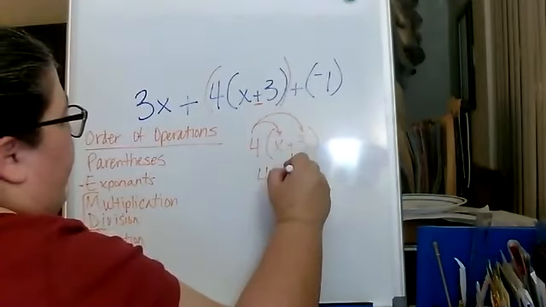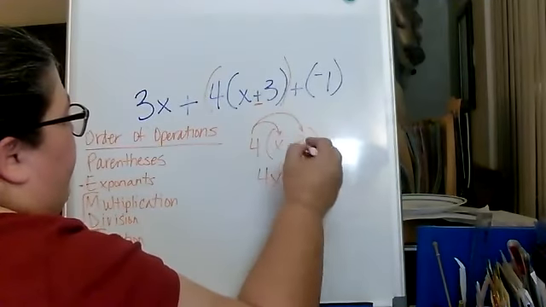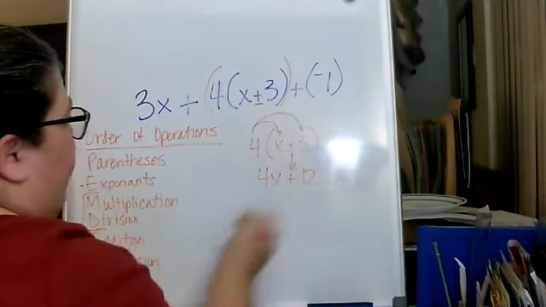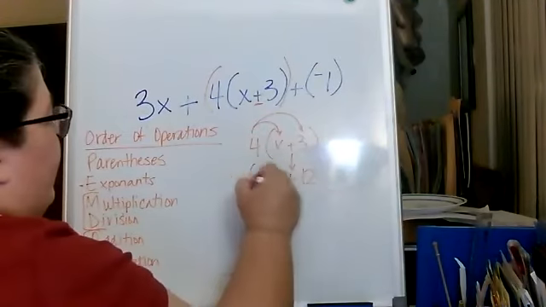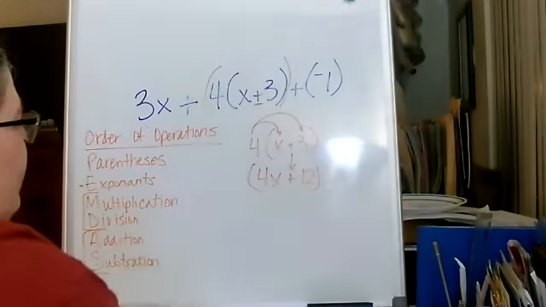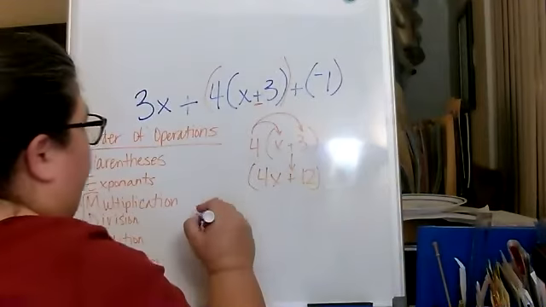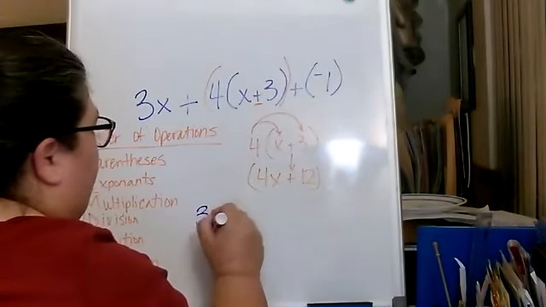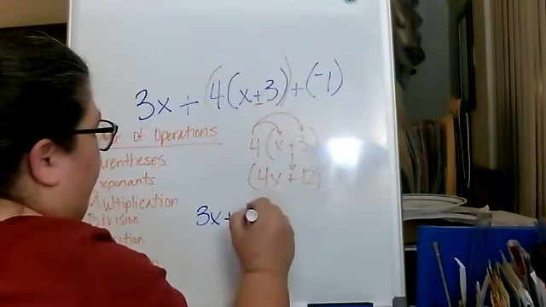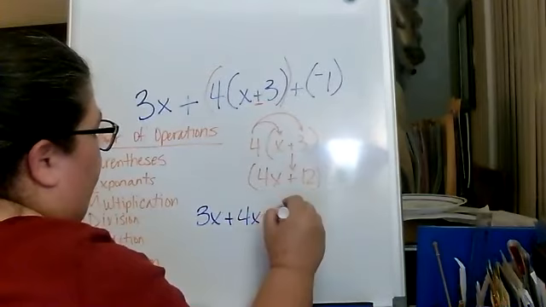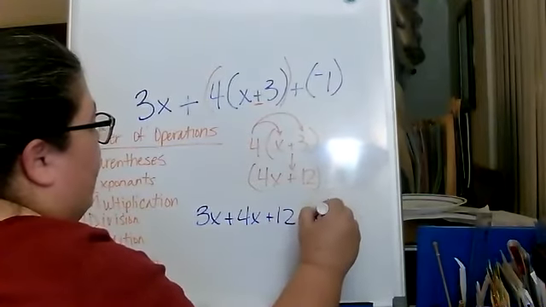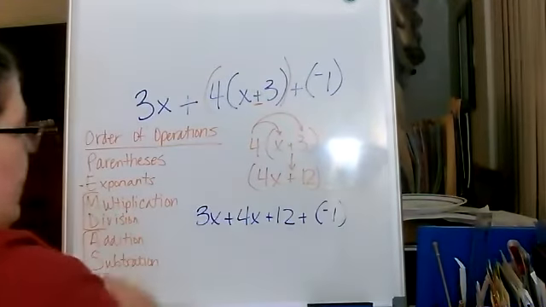We drop our sign down, so it's plus. 4 times 3 is 12. So now we're going to take this part of it and stick it right there where this was. So now we have 3x plus 4x plus 12 plus -1.